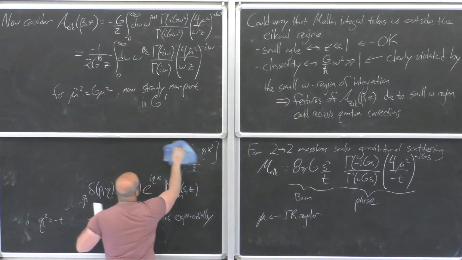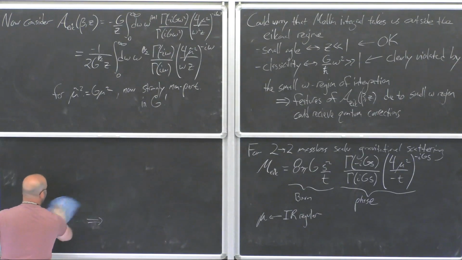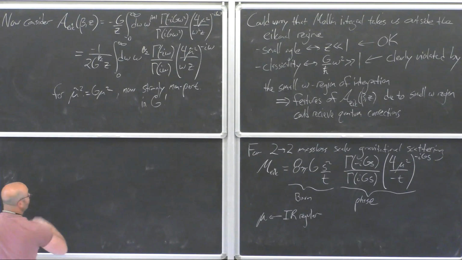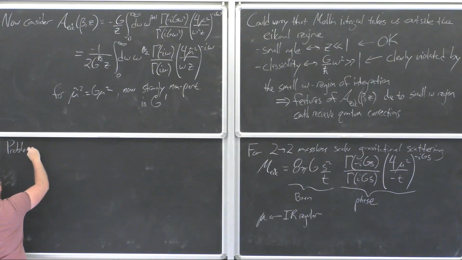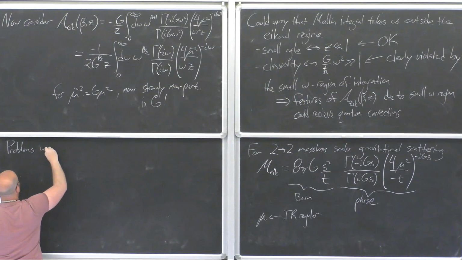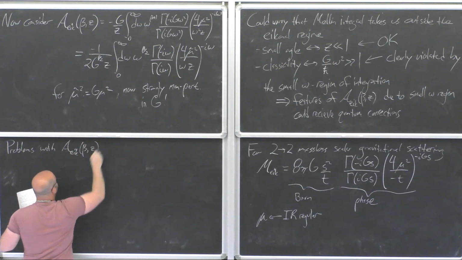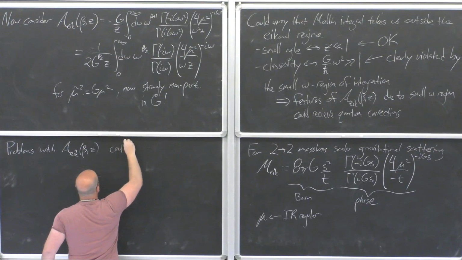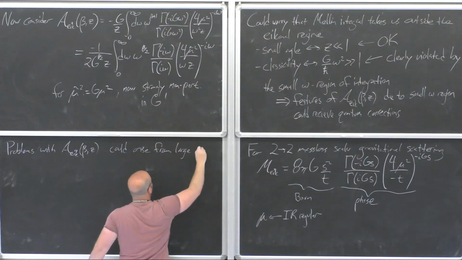So, we know that the potentially problematic region of integration in that celestial amplitude we're trying to define is the large omega regime. So problems with the existence of this eikonal celestial amplitude could arise from large omega.